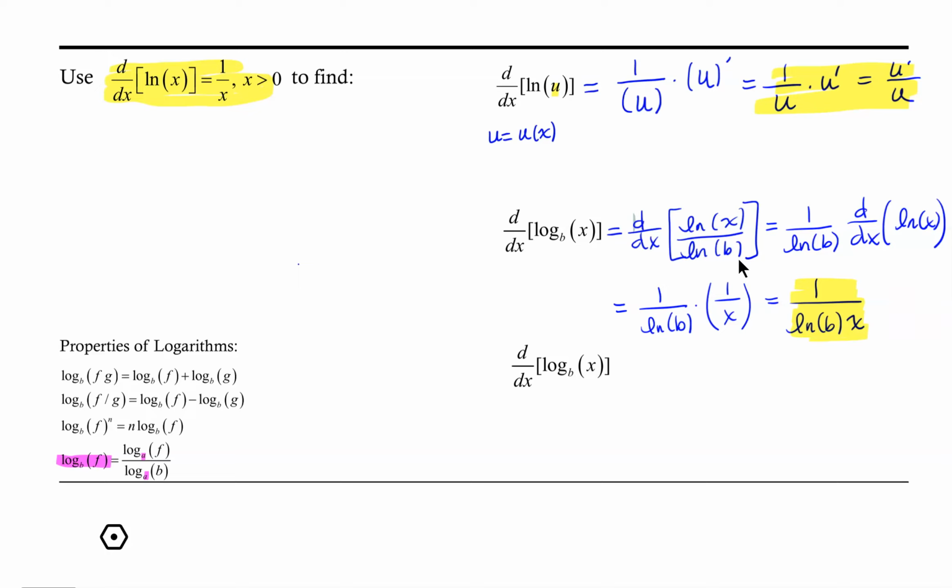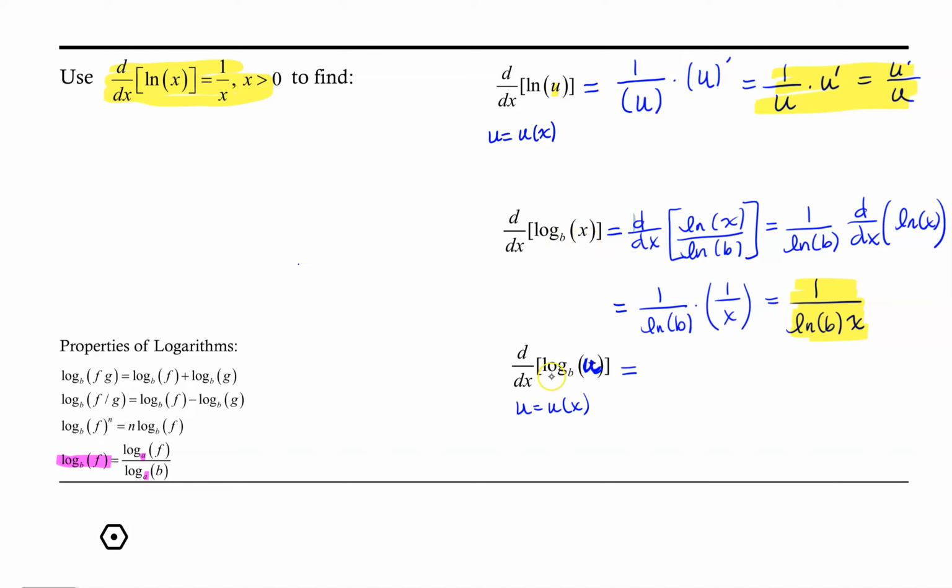Now, in this last example, similar to where we had the natural log of u, we want to find the derivative with respect to x of log base b of u. And again, we will be thinking of u as though it were a function of x. So we can apply what we know about the derivative of log base b of x.